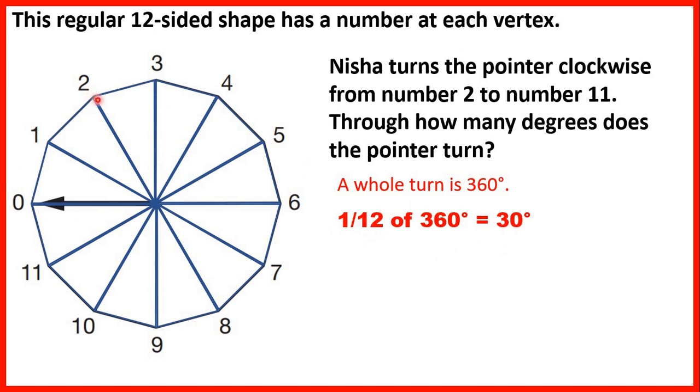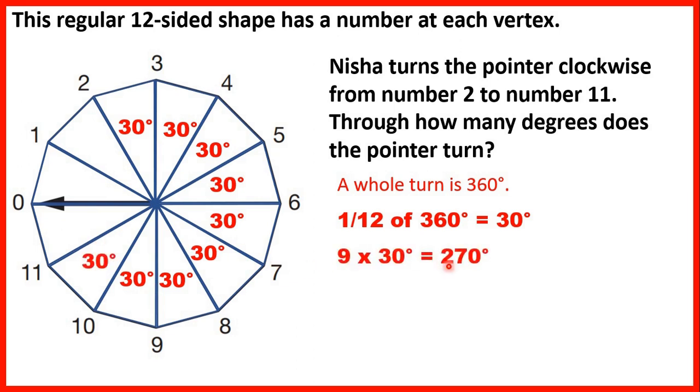We start at number 2 and we're moving clockwise, so in the same direction that the hands on a clock move. So we start at 2, then we have 30, 60, 90, 120, 150, 180, 210, 240, then when we get to 11, we've turned 270 degrees, because 9 times 30 is 270.